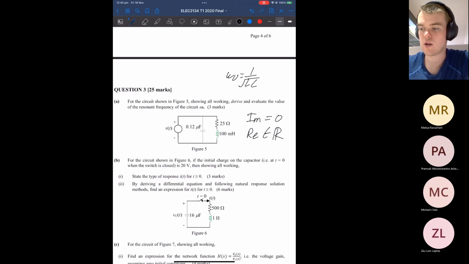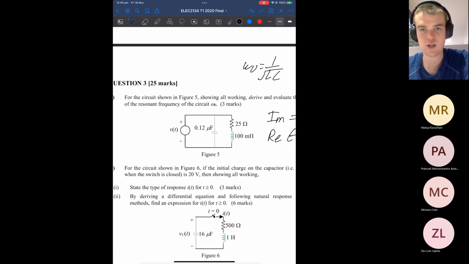Very good. Okay, so looking at this circuit, do we want to find the impedance Z or the admittance Y? Probably Y. Very good.